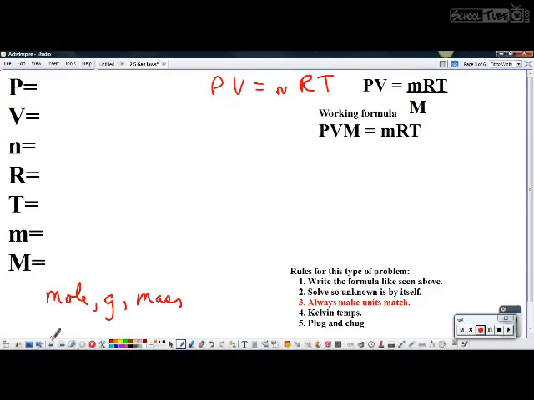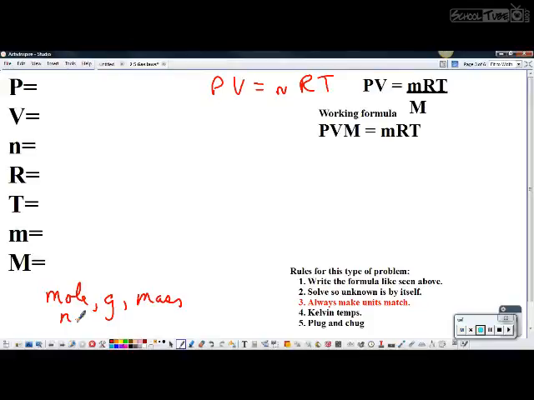If it has a mole in it, which of those two equations are you going to use, the one in red or the one in black? Red. Because what does the n stand for? Mole. So if the problem says mole, I'm going to use the one that has an n in it. I will never use n and M at the same time.